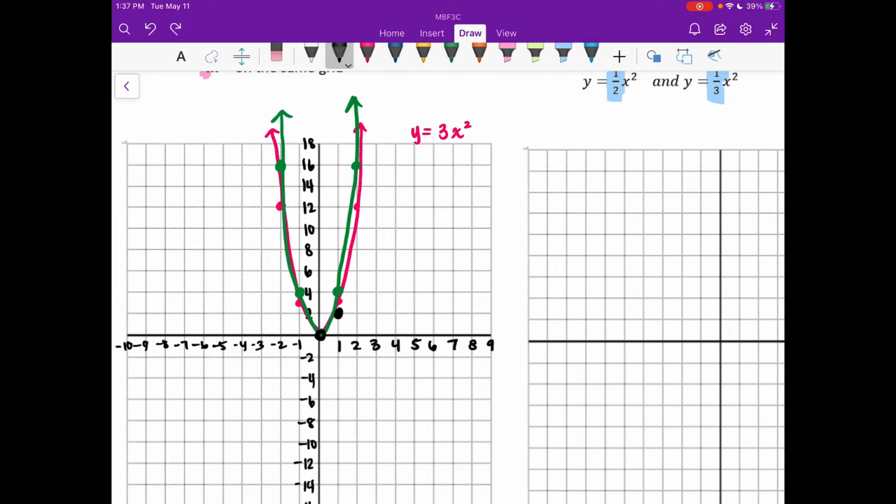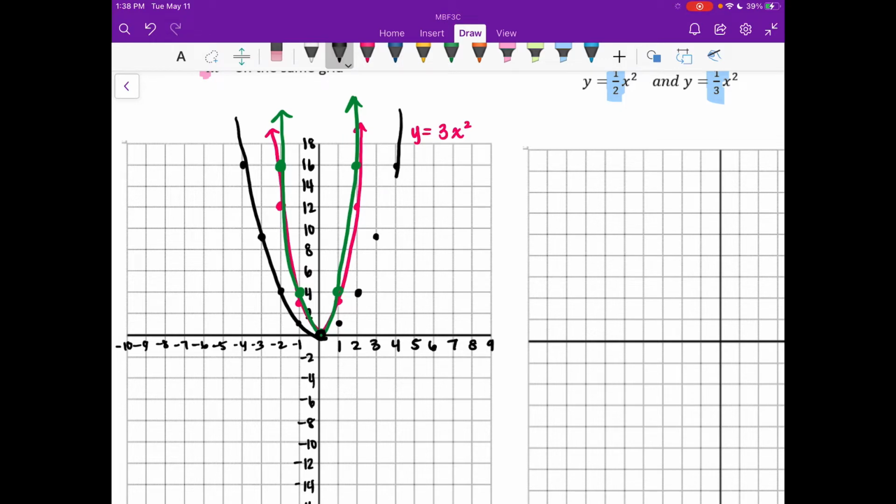Remember that this is a different scale. So then 1 and 1, -2 and 4, positive 2 and 4, and then 3 and 9, negative 3 and 9. And actually, I'm just going to put in the 4 value too, which would have been 16.